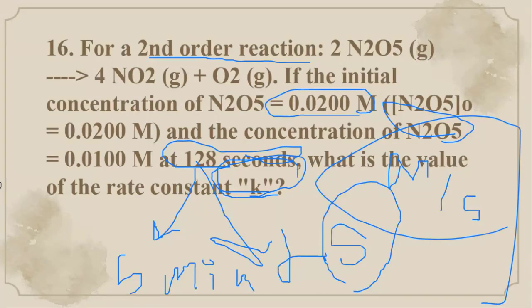You have to be consistent. If there's a follow-up problem with seconds and you use minutes, don't forget to convert your minutes to seconds. Or if the answer choices have K in seconds, then keep that in mind as well. It's a multiple choice problem for your exam, so you want to be aware of what unit you're putting in. Does that make sense?